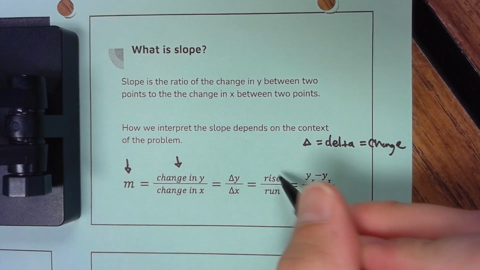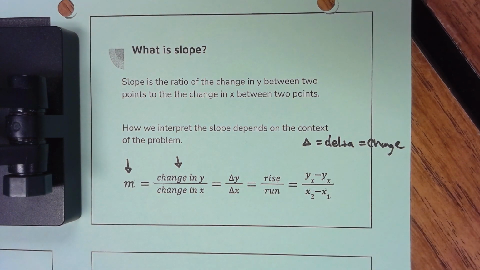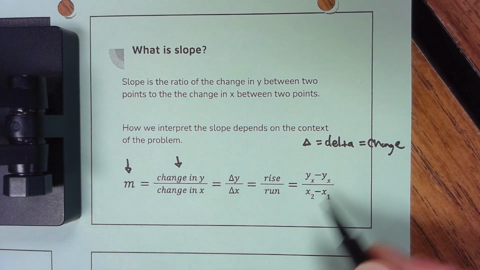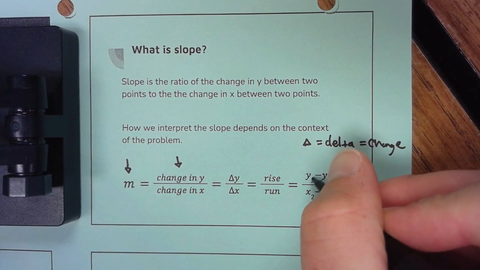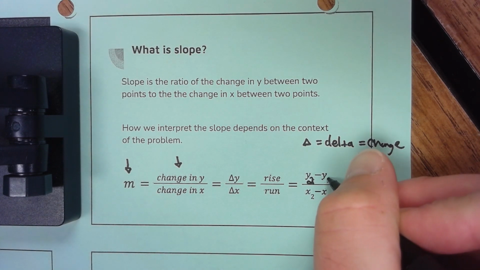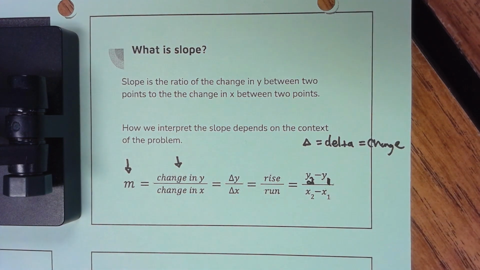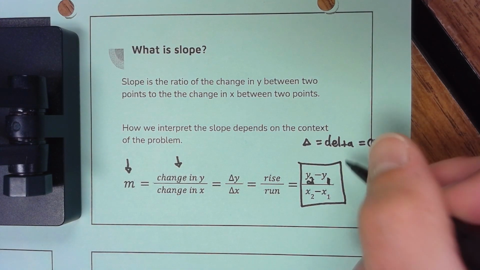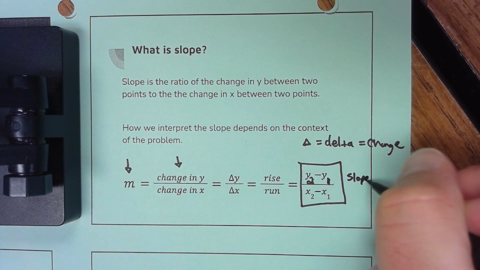Okay, so rise being our change in y, run being our change in x. This ultimately brings us to our slope formula, okay, which is, this should be y2, so let's change that. y2 minus y1 over x2 minus x1. This gets used quite frequently, so this is your slope formula.